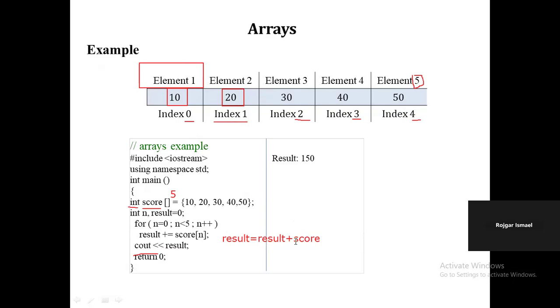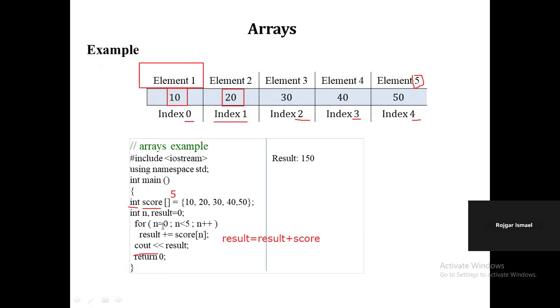So result plus equal is result equal to result plus score. Where is the score? It comes from the array, starting from the 10. 10 is the first element, then the loop will stop if n cannot execute such condition, n less than 5. So at the beginning, the compiler will take the 10.